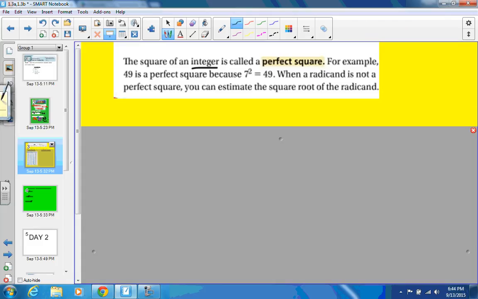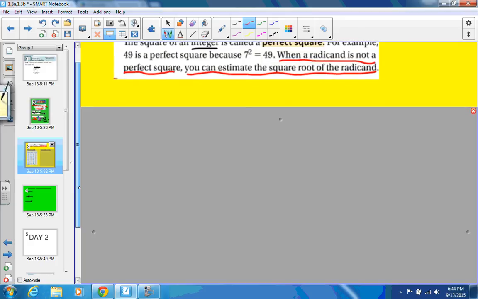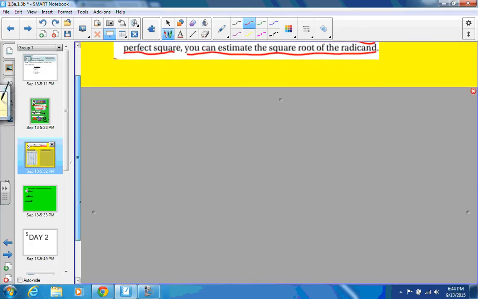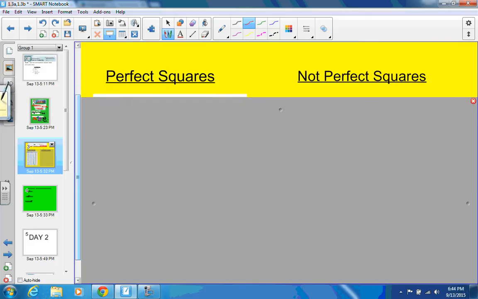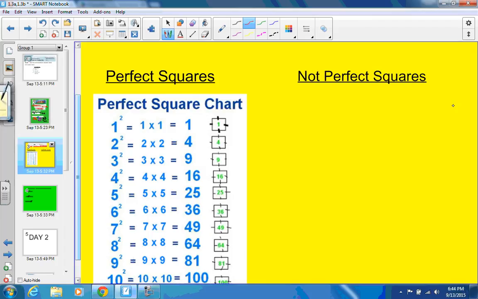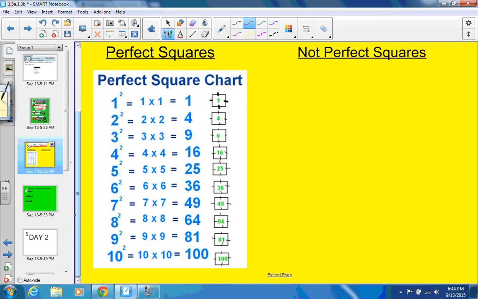But this is also important here. When the radicand is not a perfect square, your answer will not be a perfect or a whole number, so you can estimate the square root of the radicand. So let's just take a look at doing that real quick. See what that looks like. So here's a list of perfect squares that maybe you have memorized from back in the day.